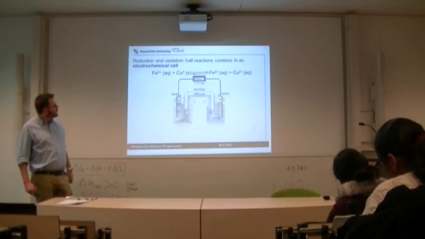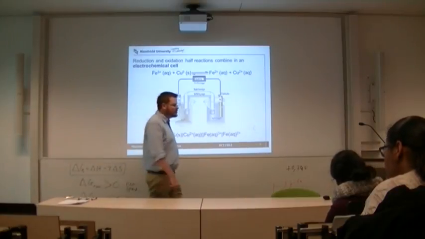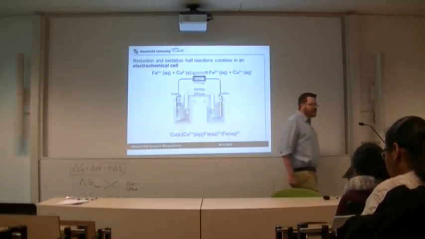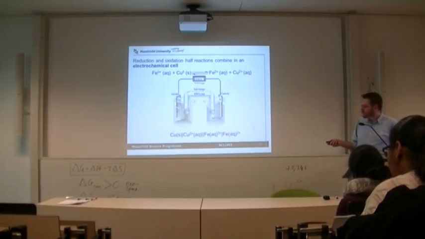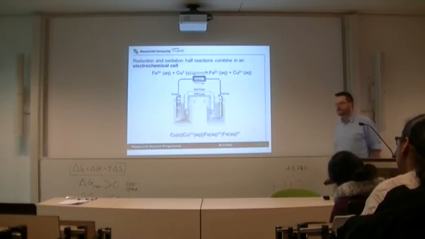Okay, now the notation that we use when dealing with electrochemical cells is shown at the bottom here. We write basically the two half reactions with a double line between them, and that double line represents the salt bridge. So this is a new notation.